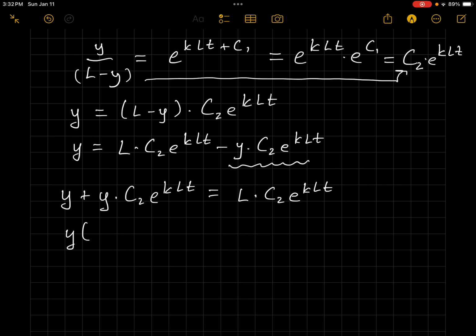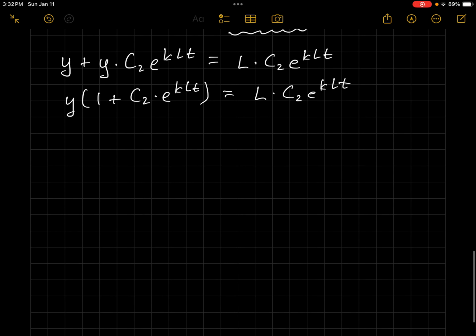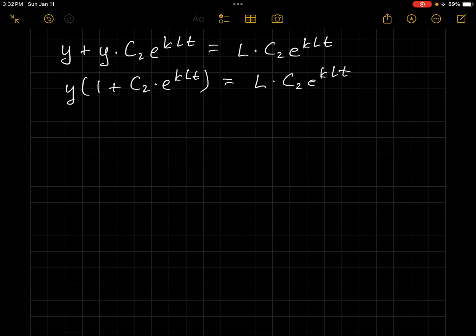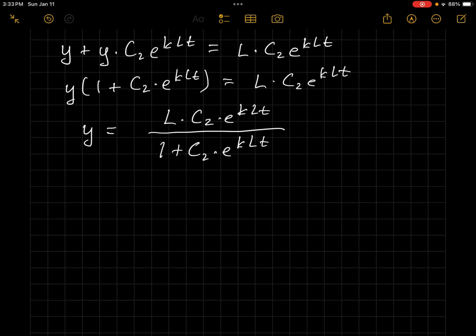Factoring out a y on the left, we get y times 1 plus c2 times e to the kLt equals L times c2 times e to the kLt. And then dividing, y equals L times c2 times e to the kLt over 1 plus c2 times e to the kLt. And you would think we would be done, but we're not.